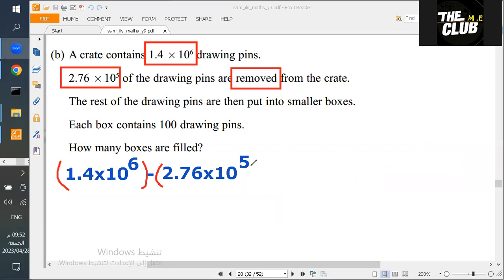It should be inside. Now I'll put this in the calculator.